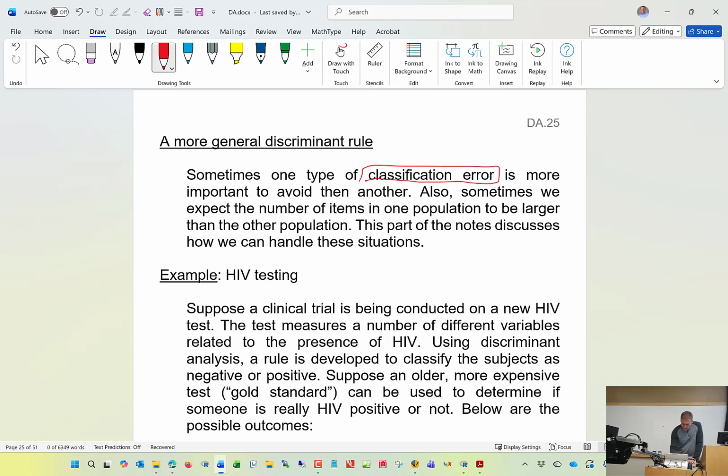So we'll talk about how you can do that here. Also, sometimes the number of items in one population tends to be larger than in the other population, or the number of items in one group is a lot more than in the other group. We saw that with the place kicking data set. So far, basically what we've assumed is that for place kicks, half the place kicks should be successful and half should be failures.